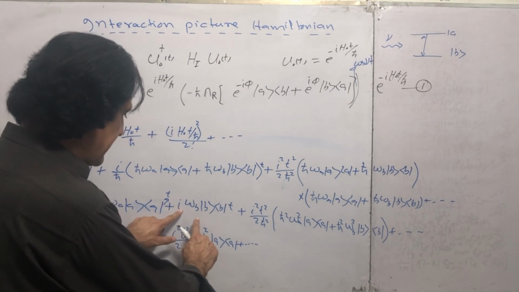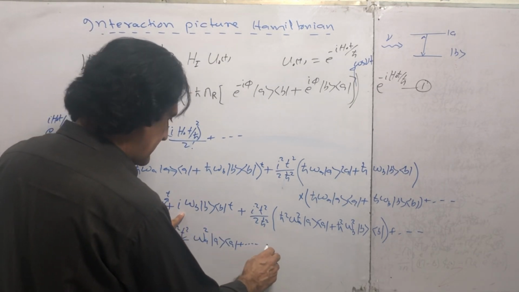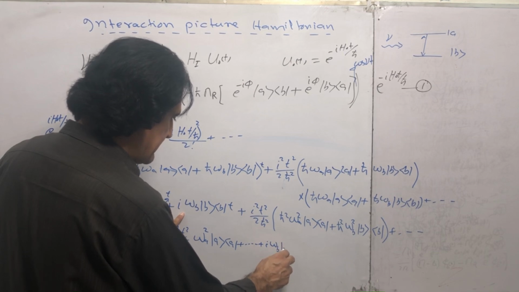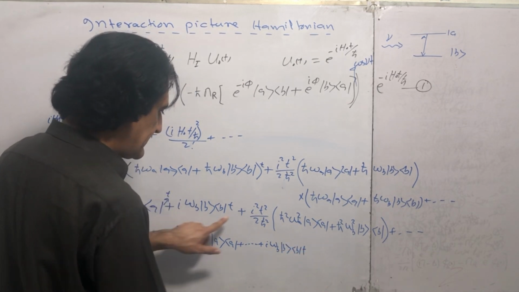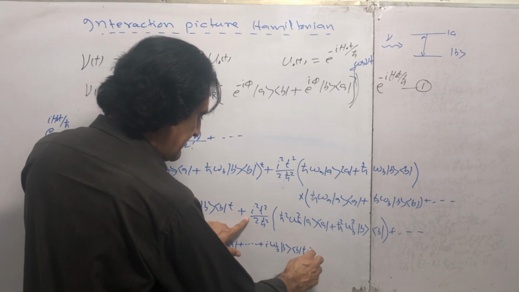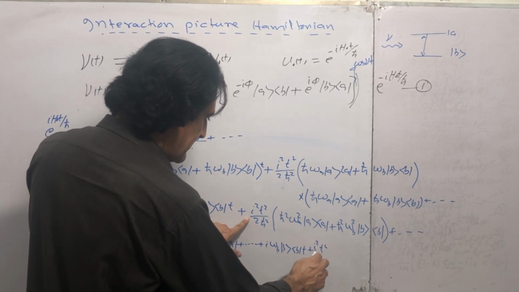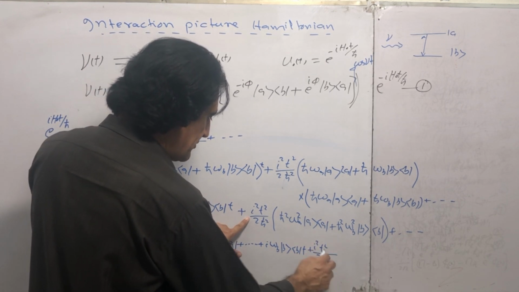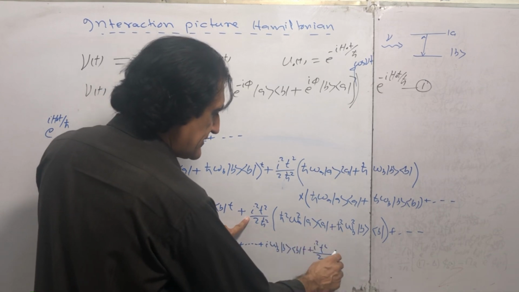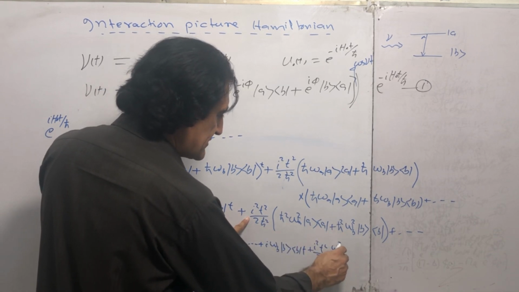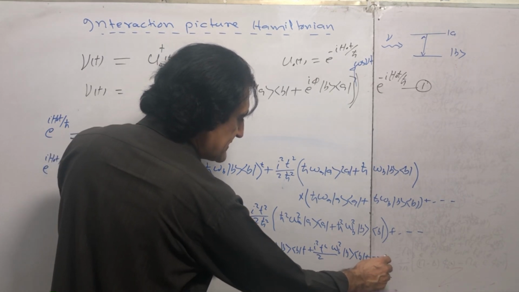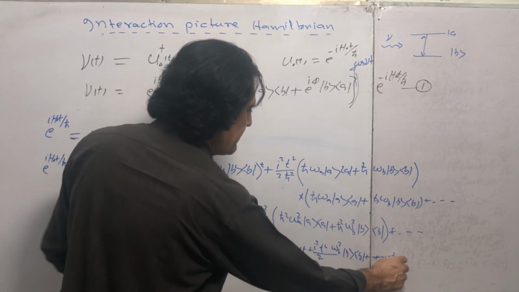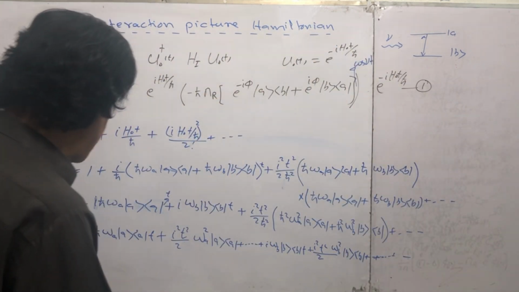And similarly, if I take iota plus omega b B t, and this term is plus iota square t square divided by 2, and omega b square B, and plus third term, fourth term, and so on.